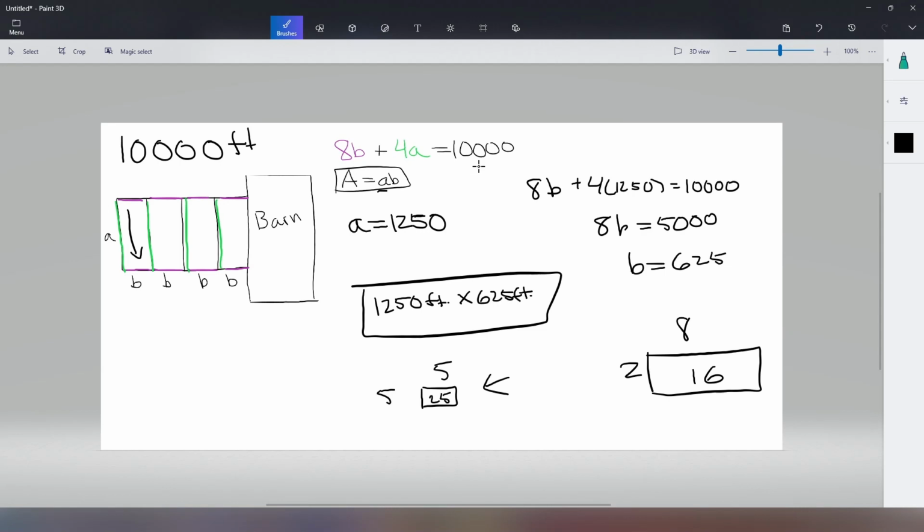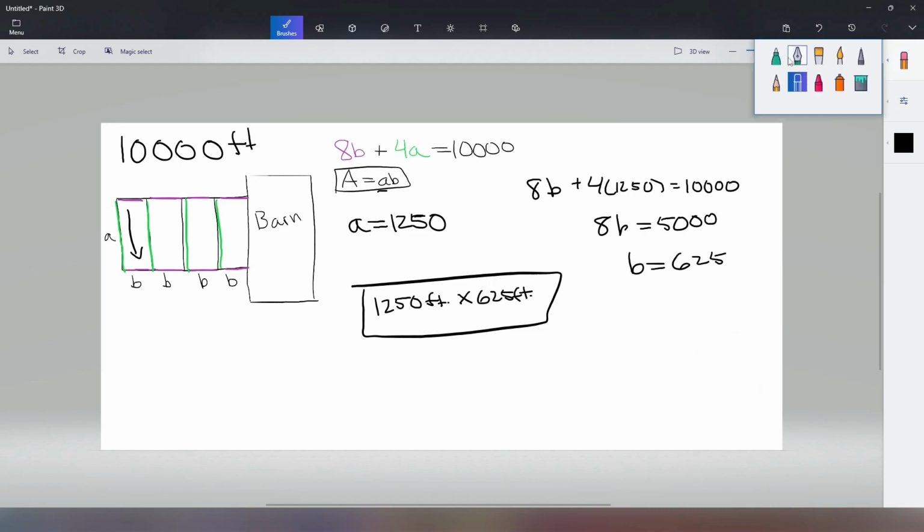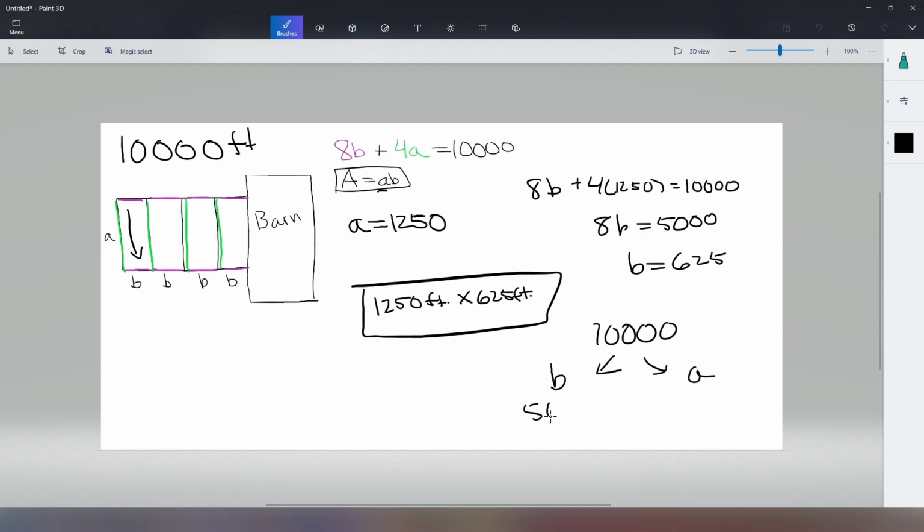You want to give an equal amount of fencing to the B lengths and the A lengths. So a way that you can double check this is by first splitting 10,000 into two equal parts. You're going to give one to B and one to A. So that means you're giving 5,000 to B and 5,000 to A. Now you know that 5,000 has to be equally given among all 8 B segments, so you divide this by 8.